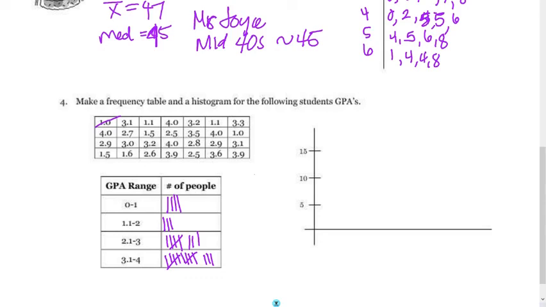So when this is a grouped frequency table, so I talked earlier about the differences, this would be a grouped frequency table because we have a range. Again, in a histogram, the bars should all touch. So I'm going to label this would be 0 to 1, 1.1 to 2, 2.1 to 3, and then 3.1 to 4.